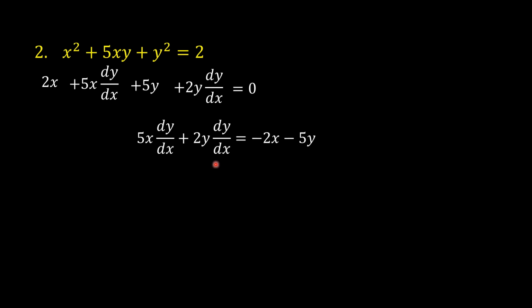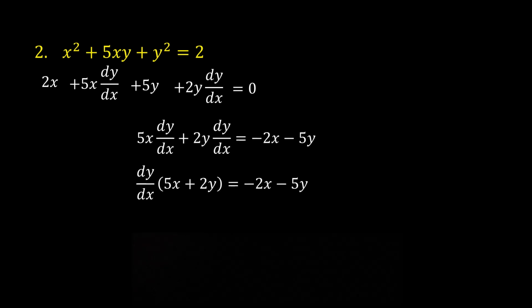Next step, use factoring if necessary. There is a common factor here which is dy/dx, so factor it out. So we have now dy/dx times the quantity 5x plus 2y is equal to negative 2x minus 5y.